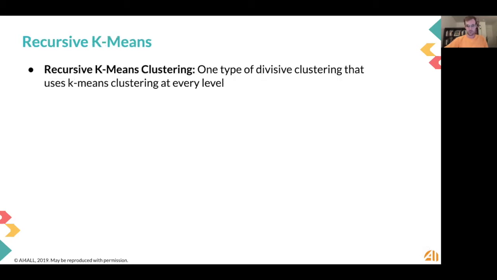Okay, so this is a pretty large family of approaches. Obviously, there are a lot of choices you can make for each of those decision points. But we're going to talk about a particular divisive clustering algorithm called recursive k-means clustering, which essentially uses k-means clustering, as you learned about in the previous video, at every single level of this splitting.